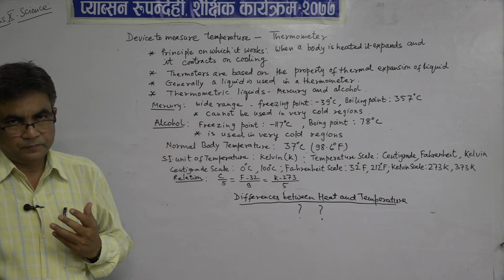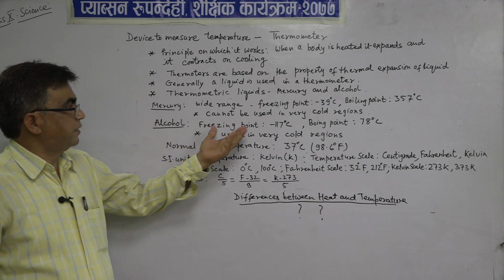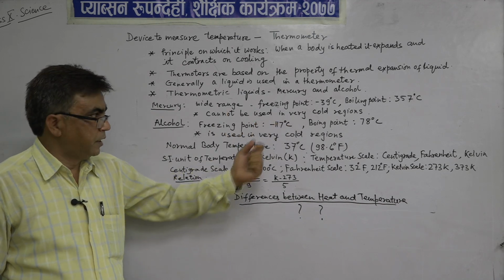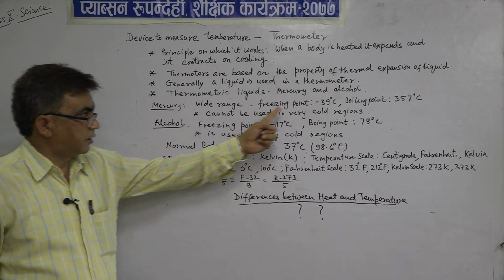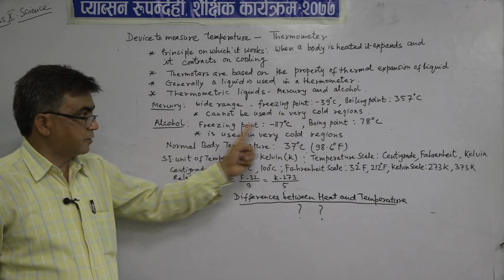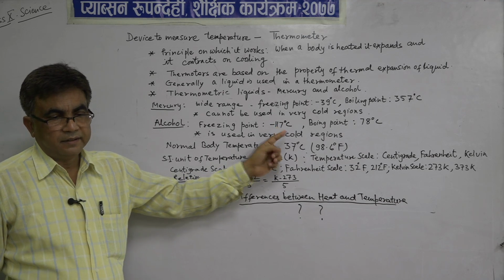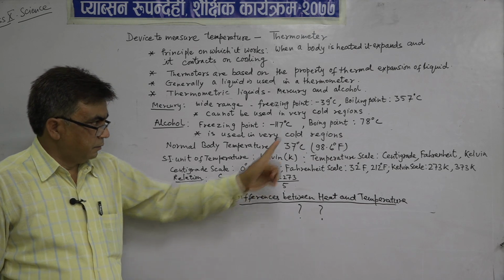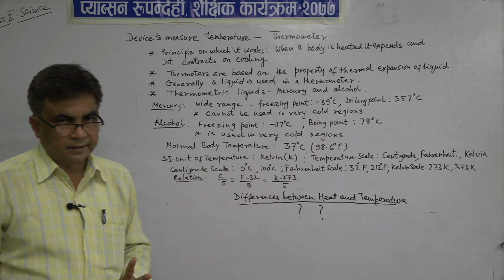alcohol. Now alcohol, its freezing point is minus 117 degree centigrade, whereas mercury has got minus 39 only. Alcohol has got minus 117, that is far below minus 39. Its boiling point is 78 degree centigrade.